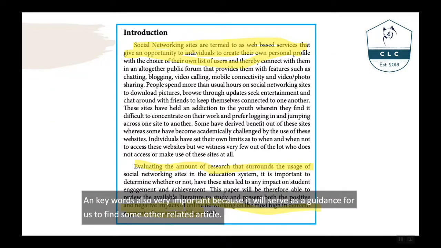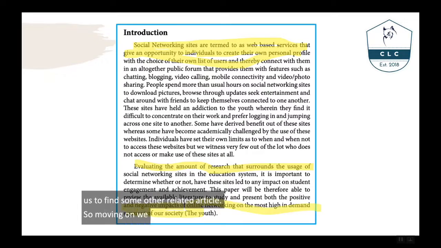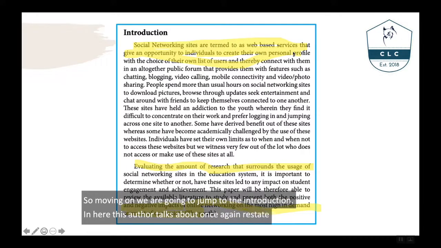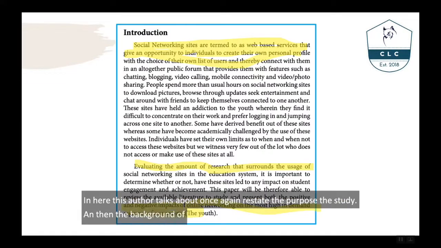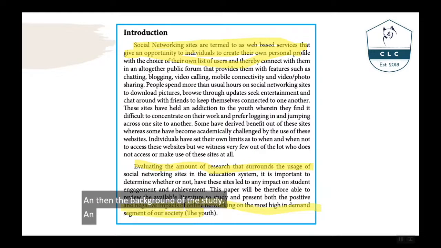So moving on, we are going to jump to the introduction. In here, this author talks about, once again, restating the purpose of the study, and then the background of the study, and then what he or she, is it a he or a she?